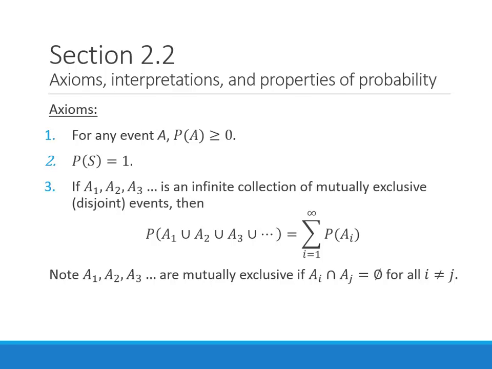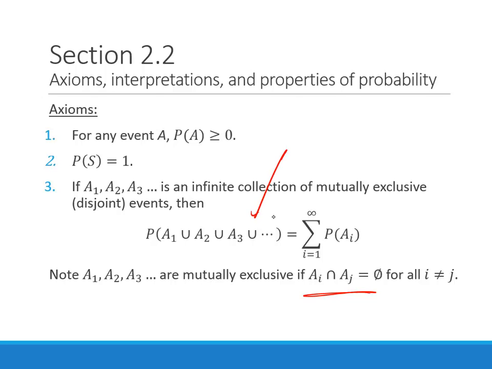For any event A that we're looking at, we need the probability, of course, to be bigger than or equal to 0. You can't have a negative probability. S is our sample space, so the probability of the entire sample space happening is going to be 1. You have a 100% chance that something will happen. And then if we have mutually exclusive or disjoint events, so events that have no intersection, that's what I mean by disjoint or mutually exclusive, the probability of a union of those things is just the sum of the individual probabilities.